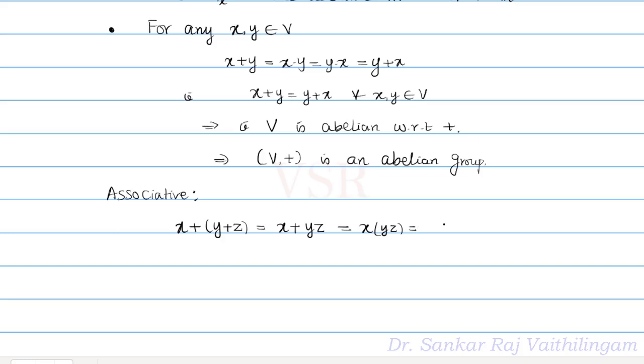I can rewrite it in this way, that is xy into z. So that is equal to xy plus z, which is equal to x plus y plus z. Finally we have proved that x plus y plus z equals x plus y plus z for every x comma y comma z belongs to capital V.